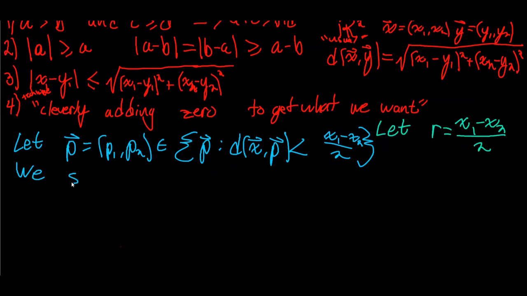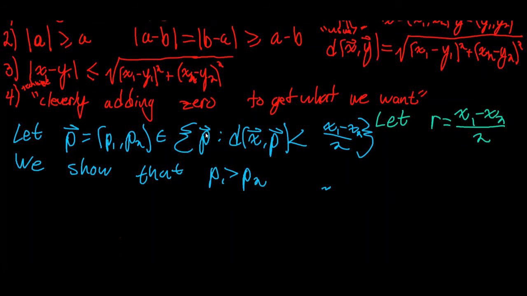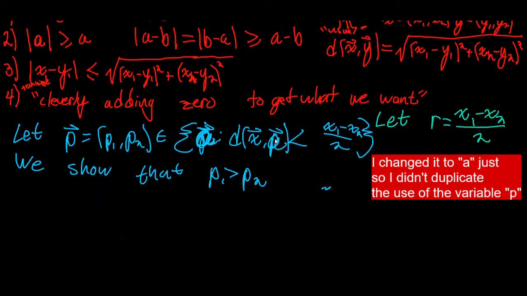Then we show that P1 is strictly greater than P2. Or I should have said A here. This is all points A. These points are just any point A such that the distance between X and A is less than this radius that we've chosen.